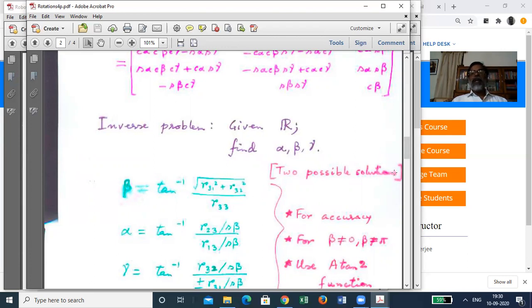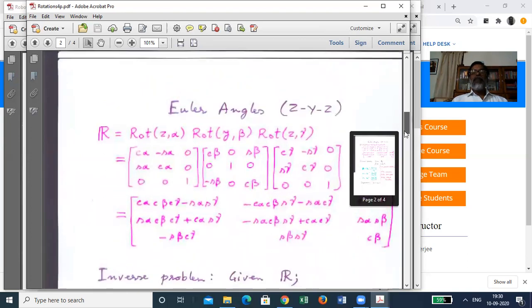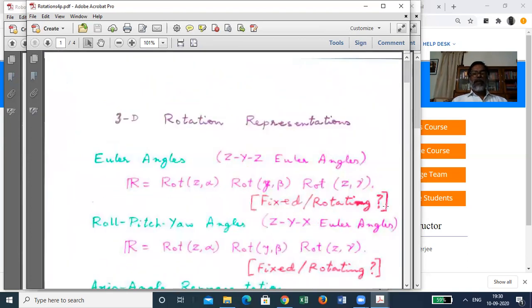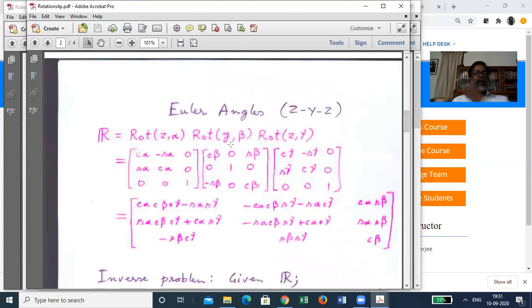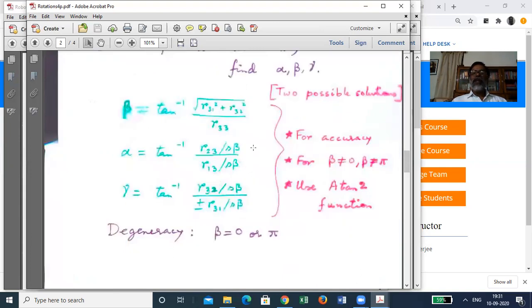Because if beta is 0 or pi, then you see here, these two merge together and you cannot find alpha and gamma separately. All that you will find will be alpha plus gamma. So that is the singularity of this particular representation.